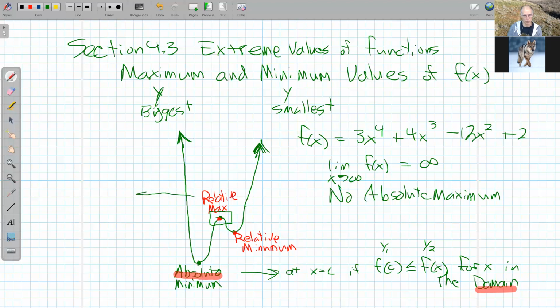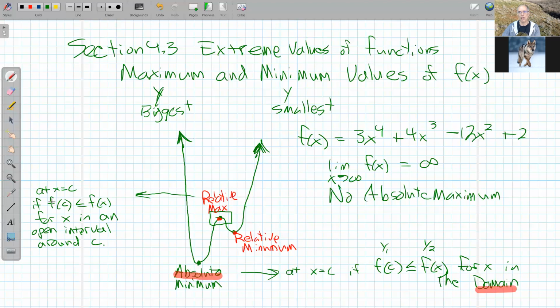So the definition of relative: we would have a relative max at x equals c if f of c, the y value, is greater than or equal to any other y value for x in an open interval around whatever that number x equals c is.